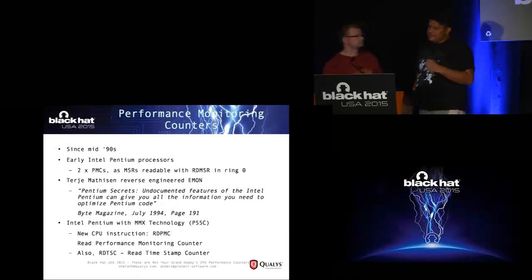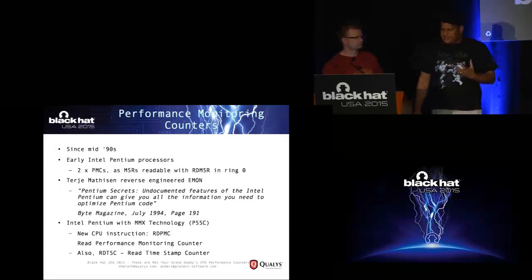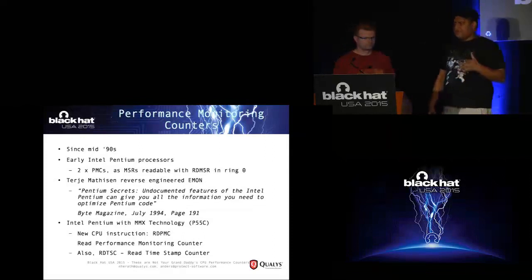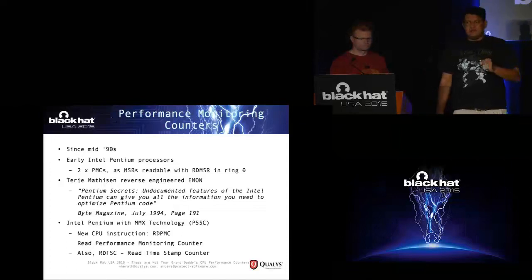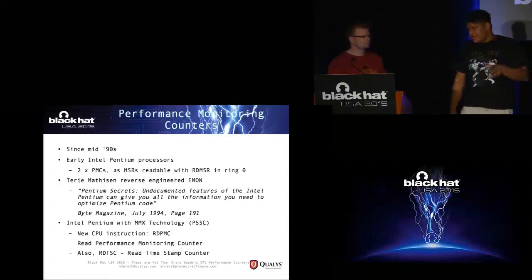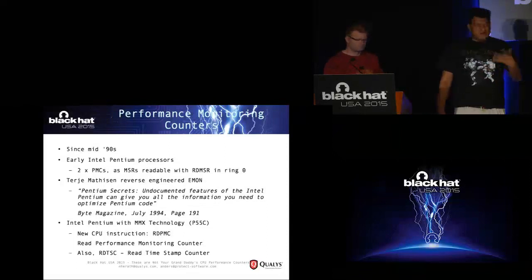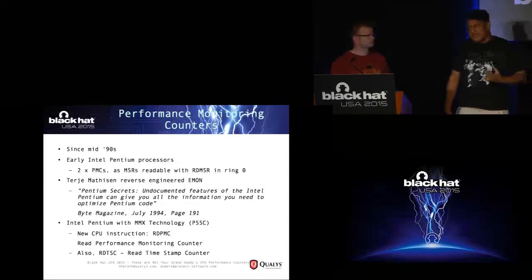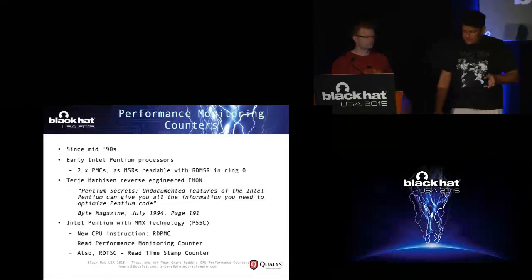With the Intel Pentium implementation, there were 2 performance monitoring counters, but they were implemented as model-specific registers, or MSRs, and they were both readable with the RDMSR instruction, but only in ring 0.